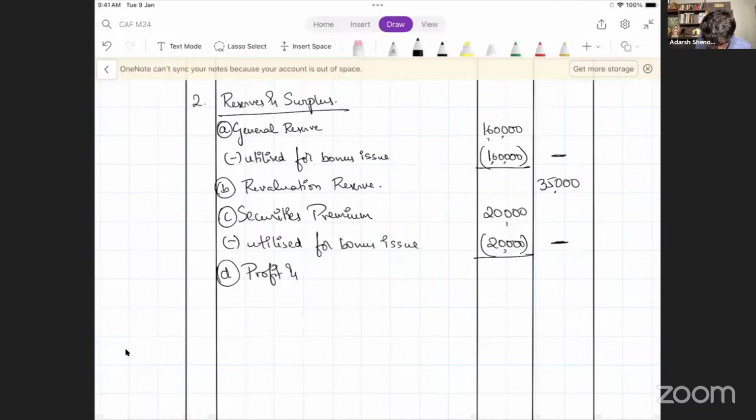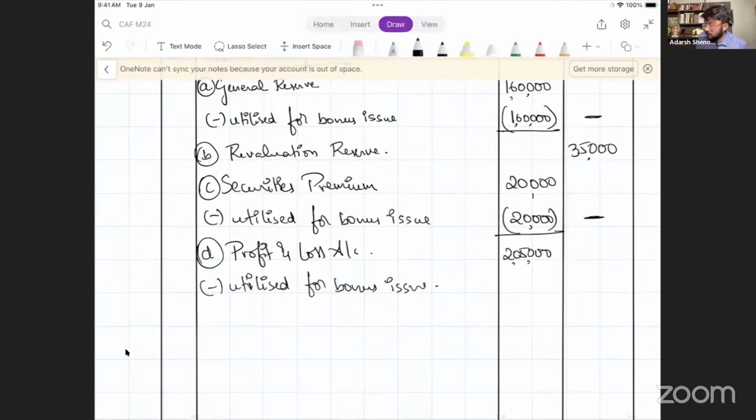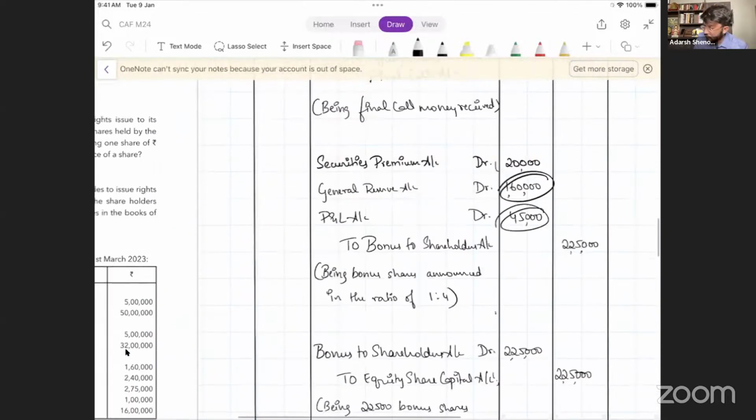Profit and loss account, P&L account. 2,05,000 was the opening balance. I have utilized some for bonus issue. Look at the journal and tell me how much I have utilized for bonus issue. 45,000.